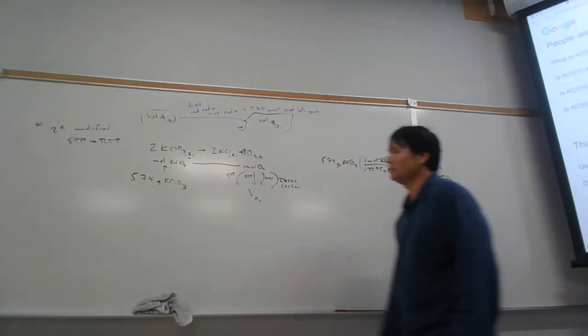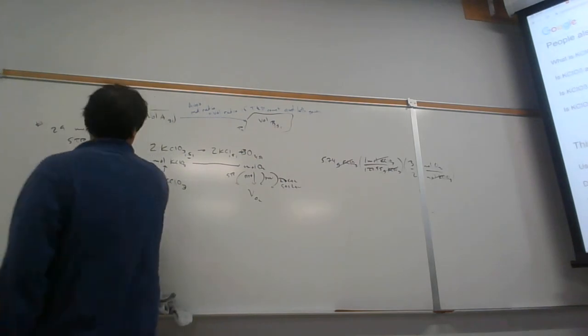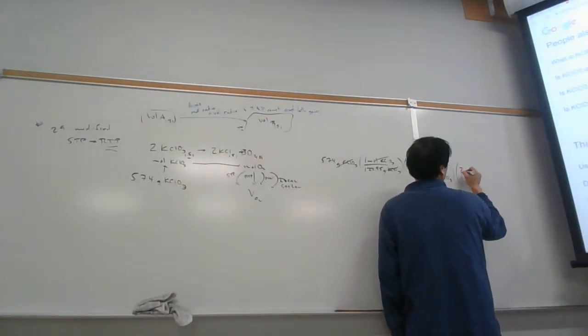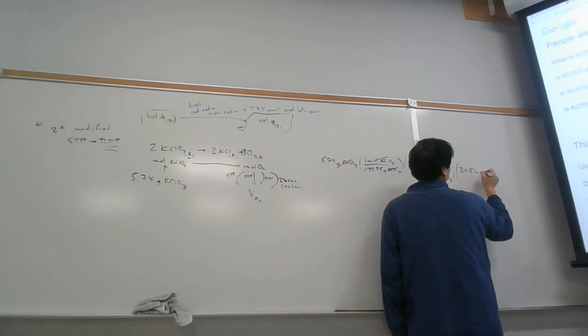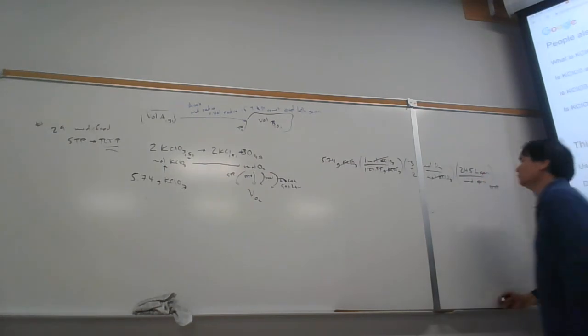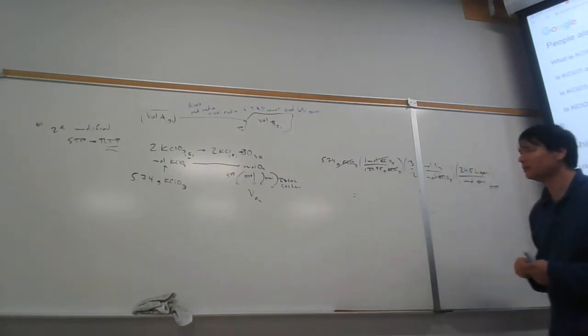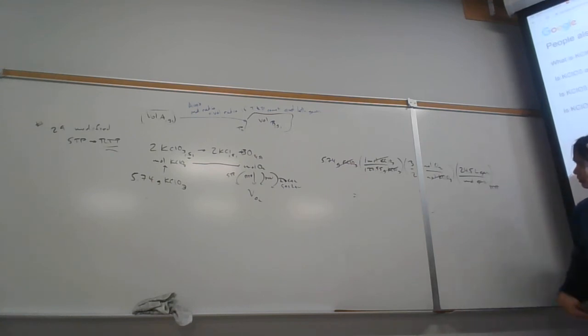Since this is RTP, I memorized it. If I memorized it, then it's 24.5 liters of gas per mole of gas at RTP. And so this might be a useful number to memorize because we usually work at room temperature and normal atmospheric pressure.